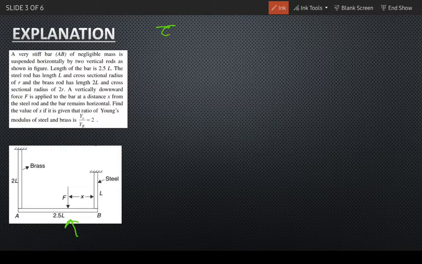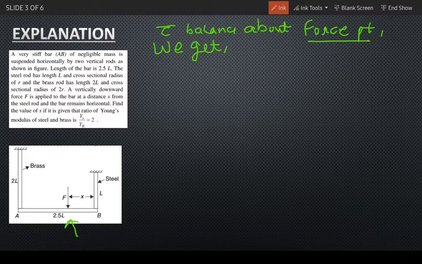So balancing torque about the force point, we get: the force point refers to the x point, which will be marked over here. This point refers to the x point.